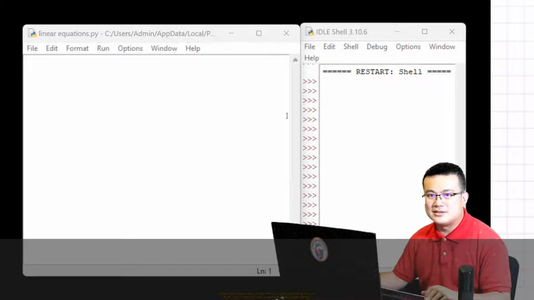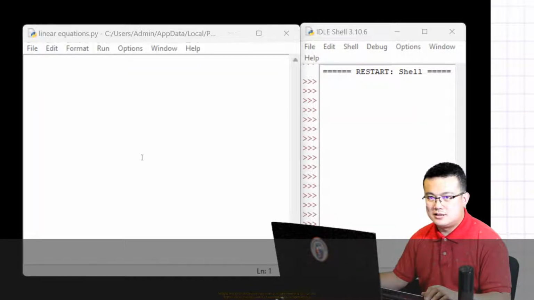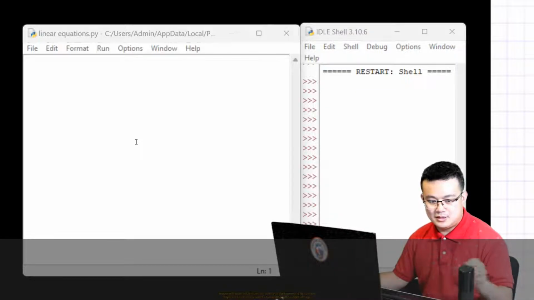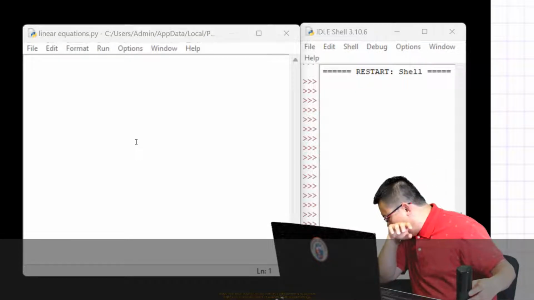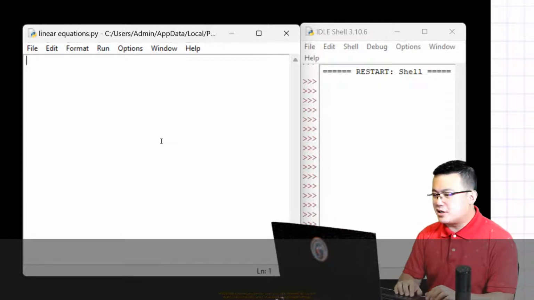Okay, so you start off with your fresh file using IDLE. I'll just load up some stuff. First thing is we're going to import Turtle.